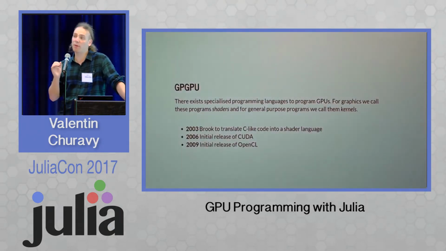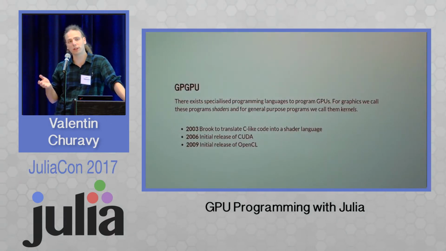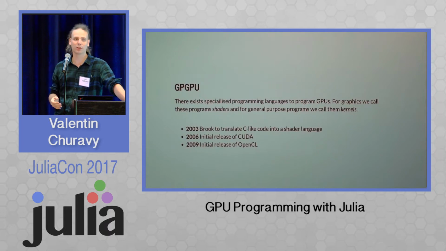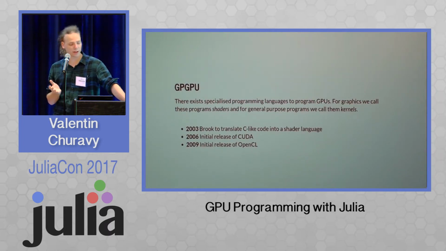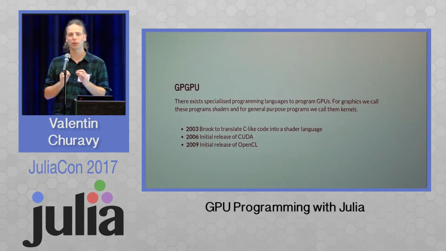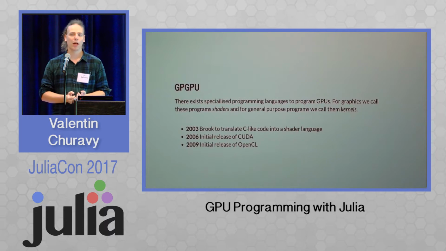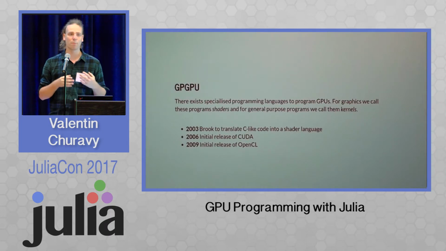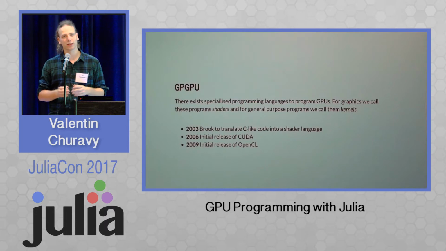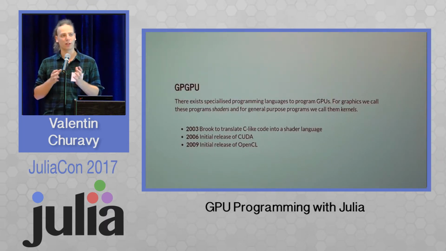So before we had general purpose GPU computing, there were just GPUs, and they were only used through shaders. And these shaders were very much designed and developed for graphical applications. And in about 2003, between 2001 and 2003, people realized that they could reuse these shaders to actually solve different tasks.